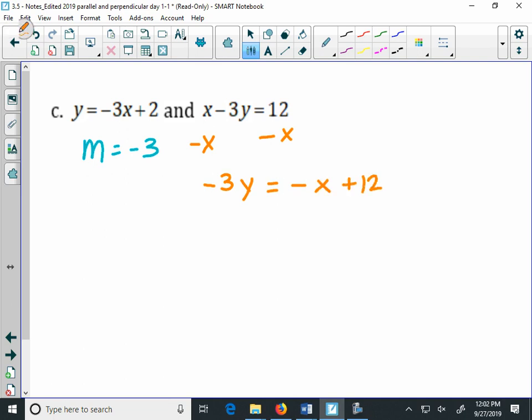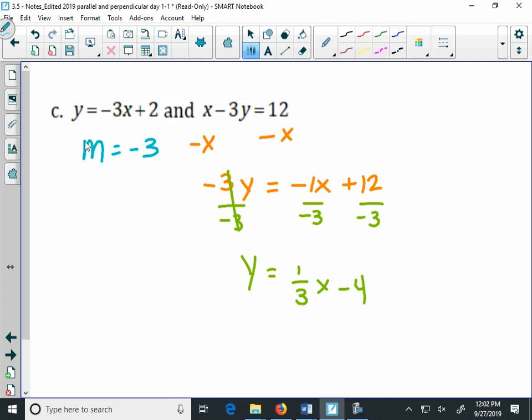Well, if it's helpful, technically, what's in front of that x? A -1. And then what do we have to do with that -3? Divide everything by -3. So y is equal to, what's negative over negative? Positive. Positive 1/3 x. And 12 over -3 is -4, but we don't really care about the y.